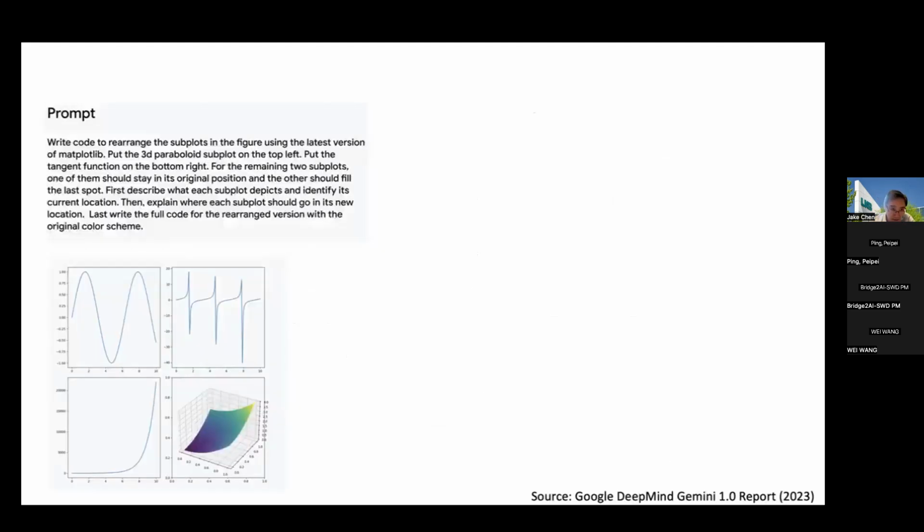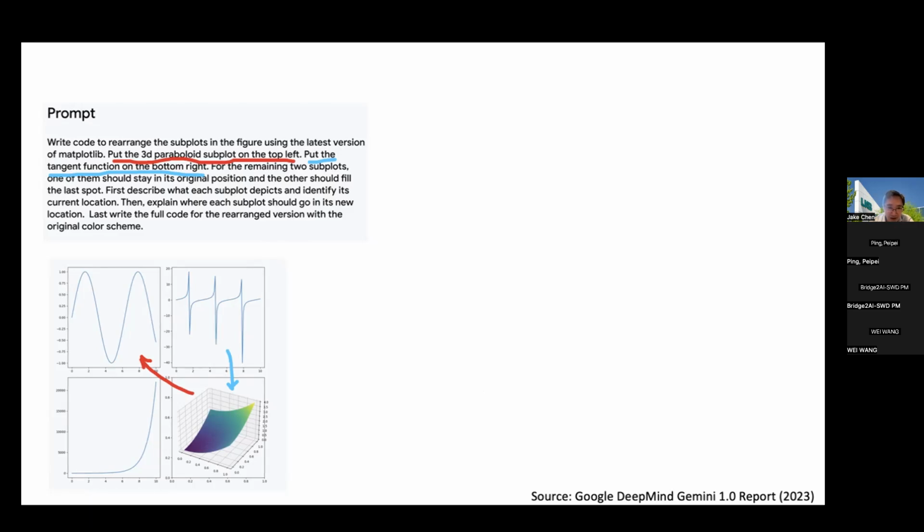And here's an example, right? So they show the example, write code to arrange these figures with some constraints. Put this in the first position, put this in the last position, and then for the other two, fix one, and then fill in the remaining one. So it's a logical trick.